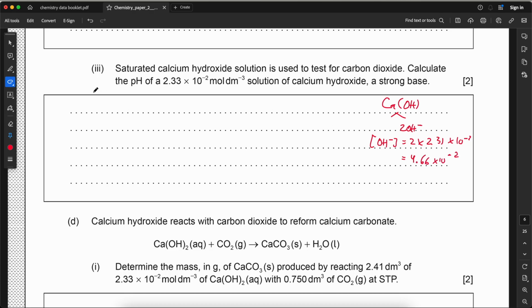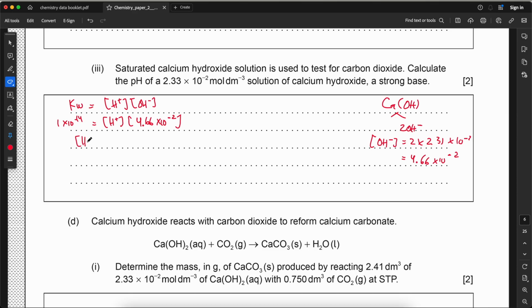So be careful, the question is calculate the pH. So we need to find H plus. We can use this formula: 1 times 10 to the power negative 14 equals H plus, which is the unknown, times 4.66 times 10 to the power negative 2.